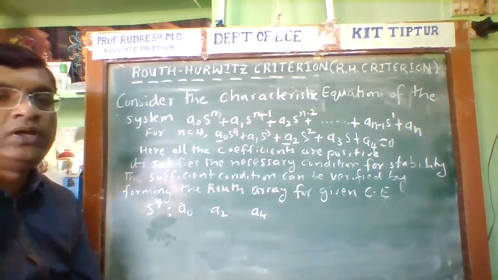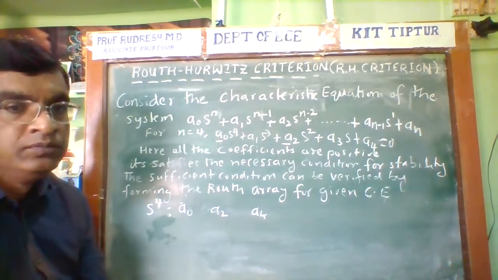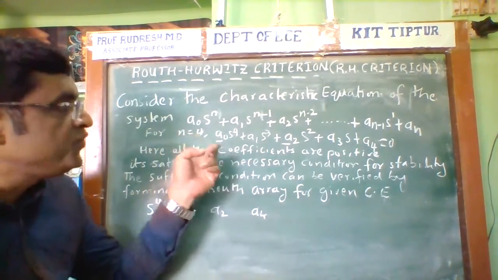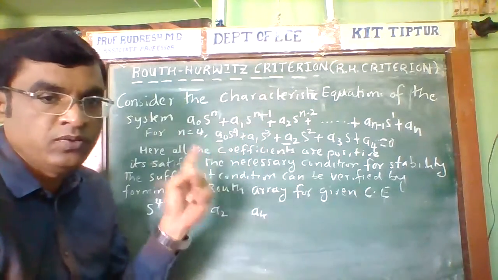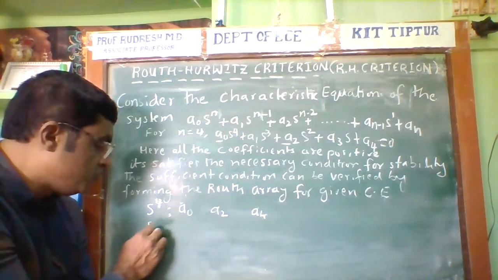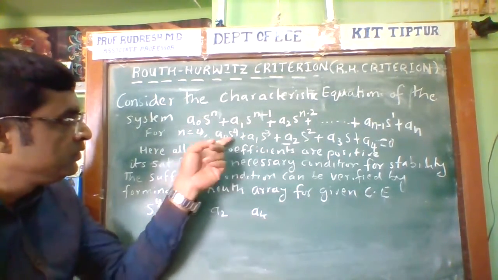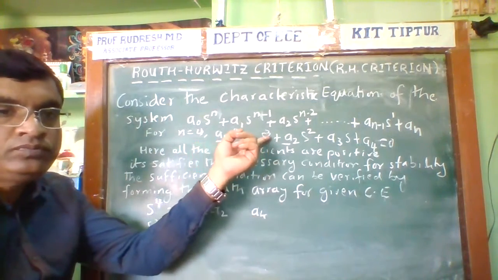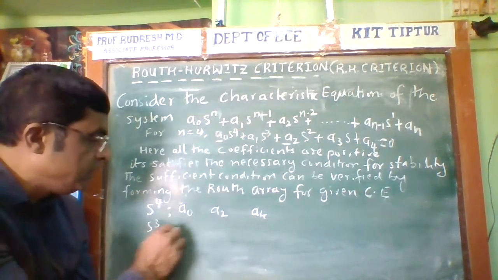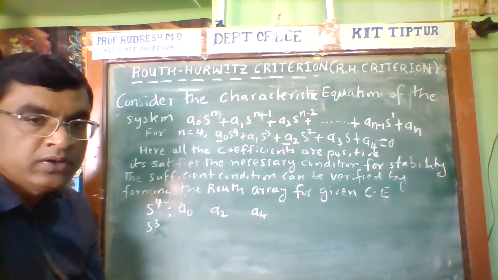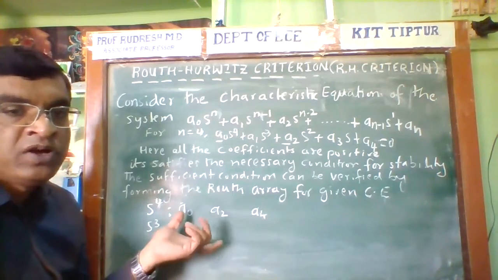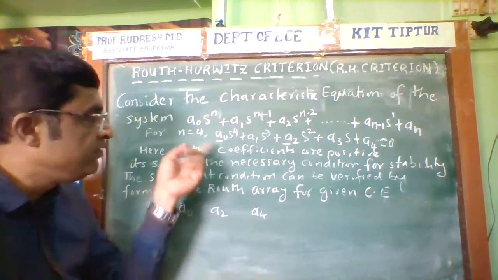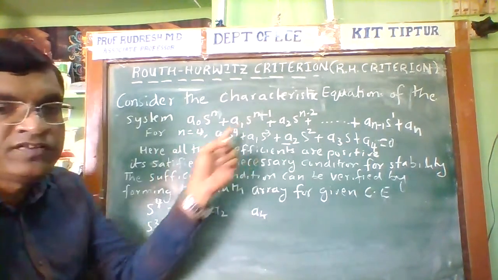The first row of the Routh array can be formed by utilizing the coefficients of the even powers of S. Similarly, the subsequent rows. Now the next row is the S cube row, which can be formed by utilizing the coefficients of the characteristic equation.